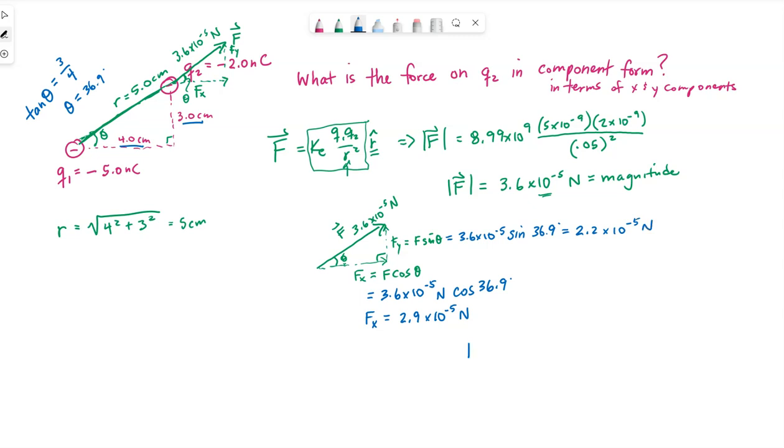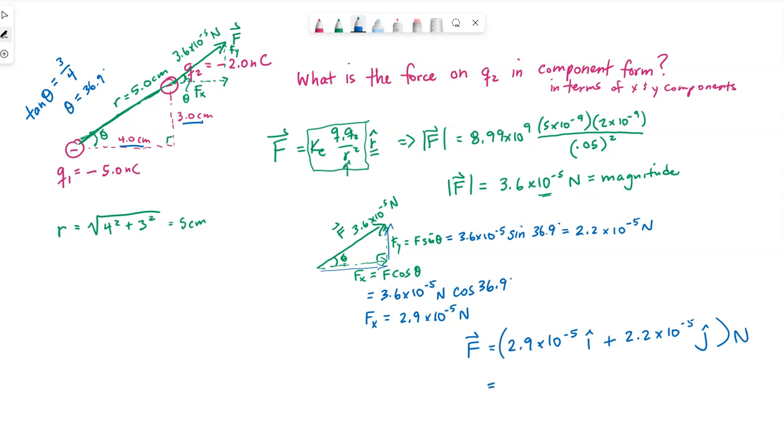So we could write this force in vector notation. We know this x component points to the right. That's the positive x direction, so i hat. We know the y component points up, so that's the positive y direction. And that's all in newtons.